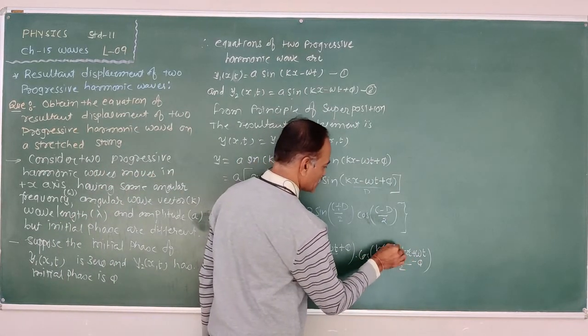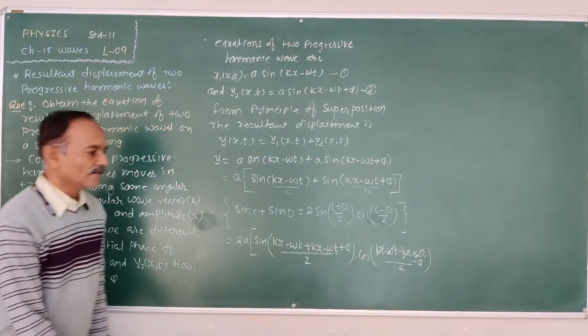So here the kx and omega t cancel, only phi is remaining.